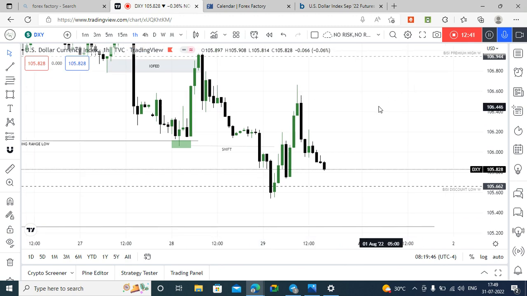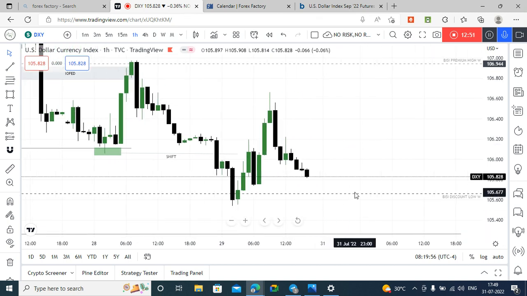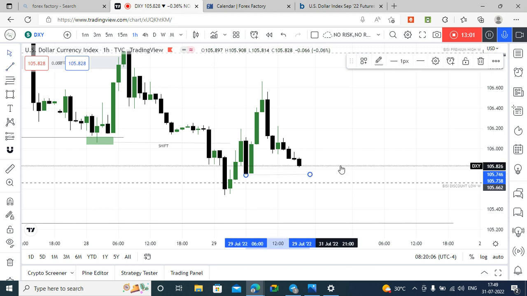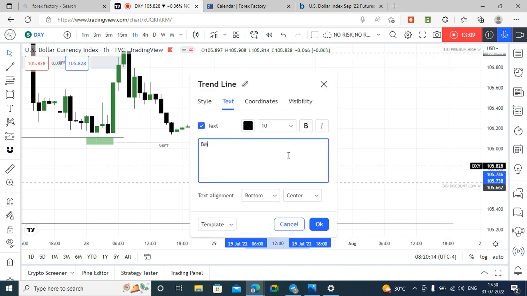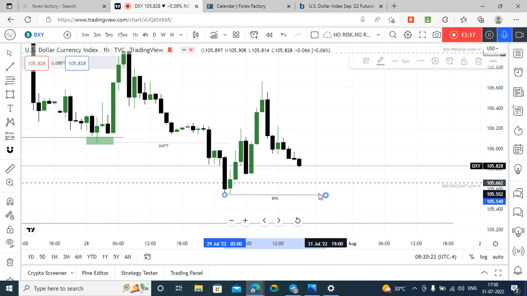Okay, and you can see now an imbalance formed, and just a wick retested this imbalance. Okay, when you see this type of just a wick retesting the imbalance, you have to wait for a break of market structure, or you have to wait for price to trade below this low.